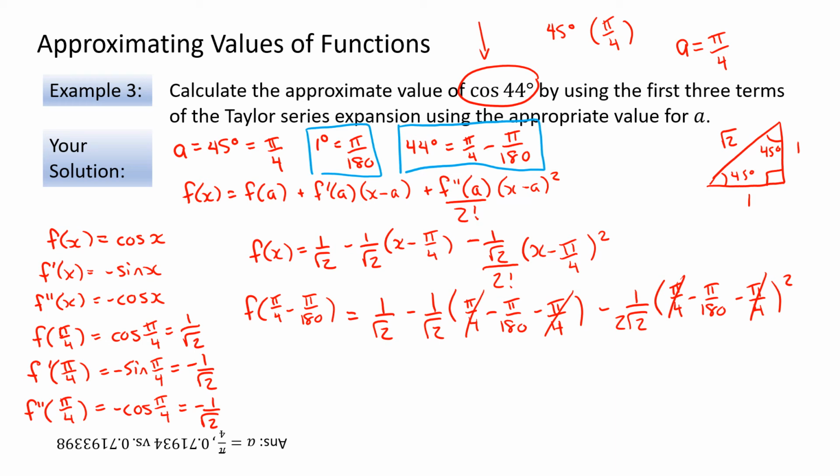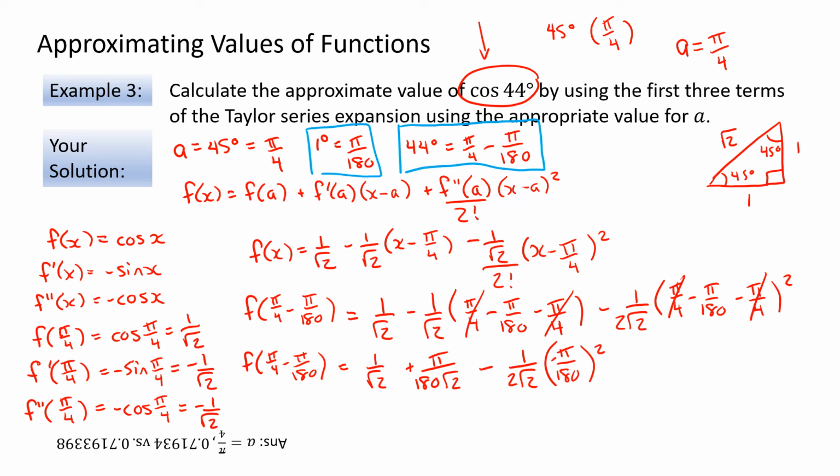So what we're left with is that f at pi by 4 minus pi by 180, or 44 degrees, is 1 over root 2 plus, in this case, multiplying these two together, we have negative 1 over root 2 times negative pi over 180, which becomes pi divided by 180 root 2. And the last one becomes minus 1 over 2 root 2 times pi, or negative pi by 180 squared.